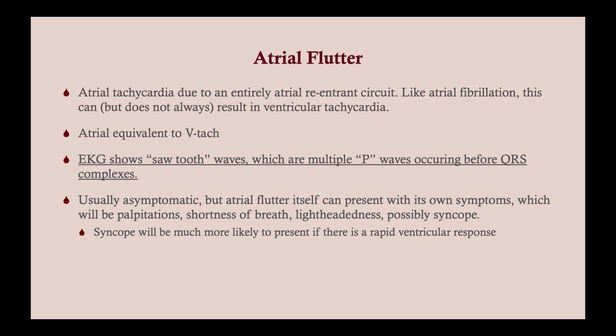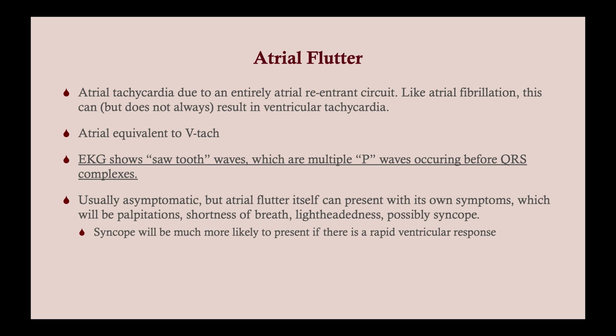And this is going to be less irregular as far as that pre-QRS activity because you've got this loop going on, and this loop is going to be very regular. And so rather than that low amplitude sort of fibrillating rhythm, you've got this more regular, higher amplitude pre-QRS activity.